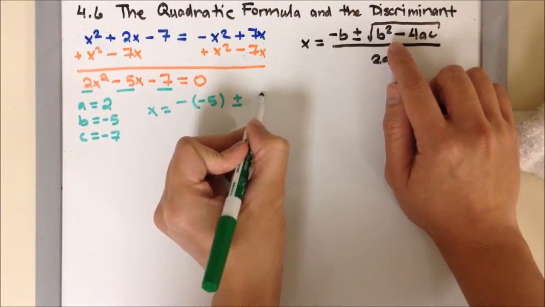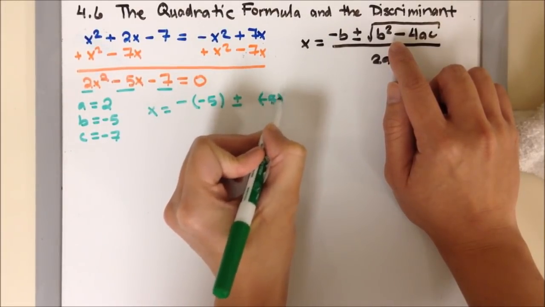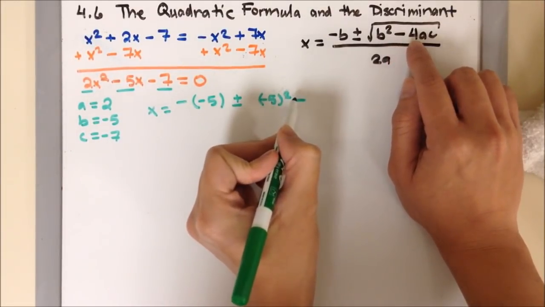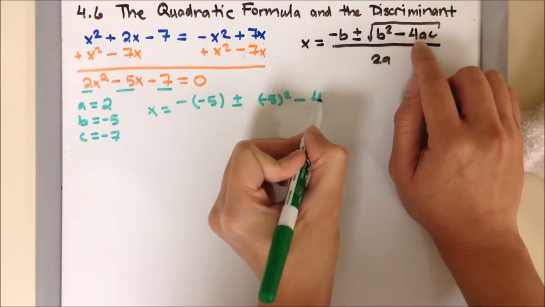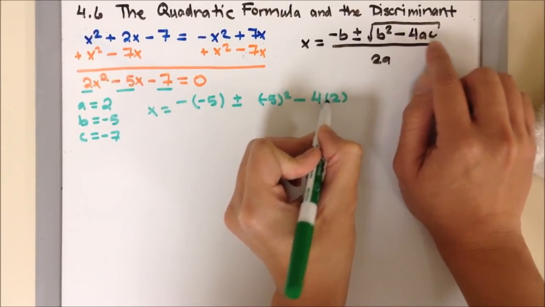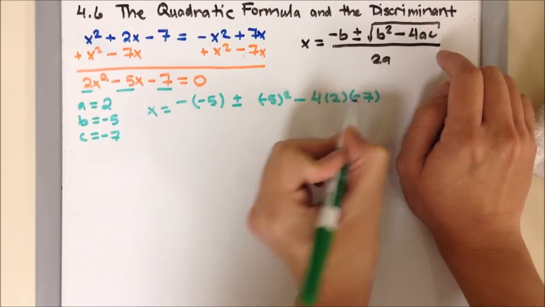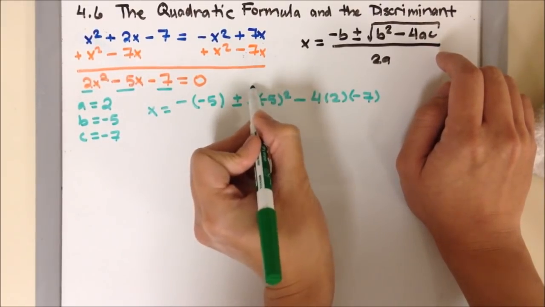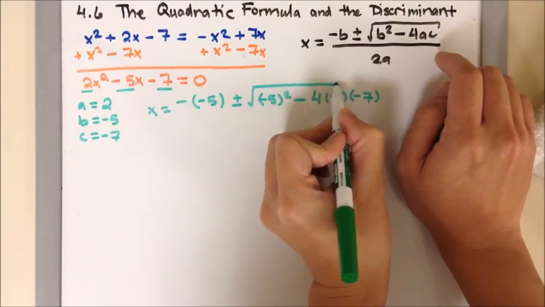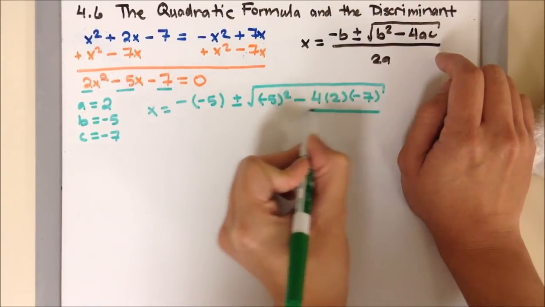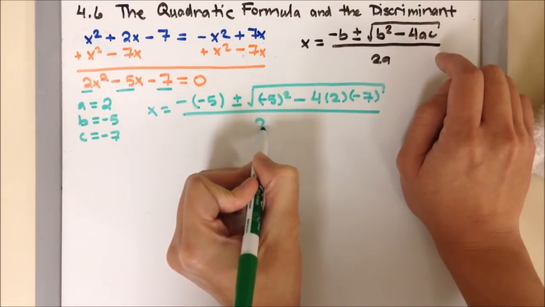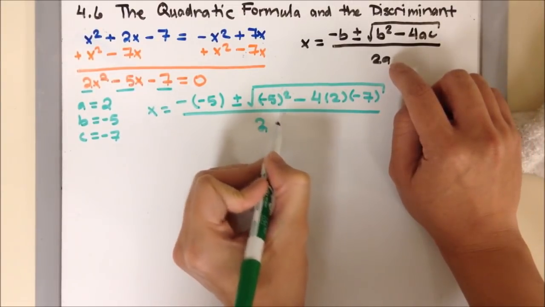So negative 5 squared minus my 4 times my A, which is 2, times my C, which is negative 7. The whole thing divided by 2 times A, which is 2.